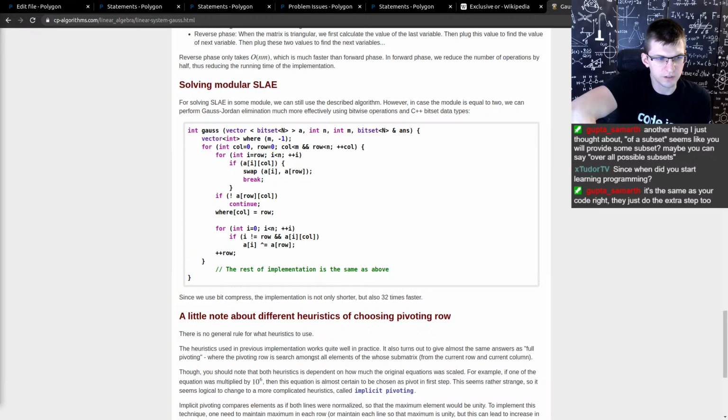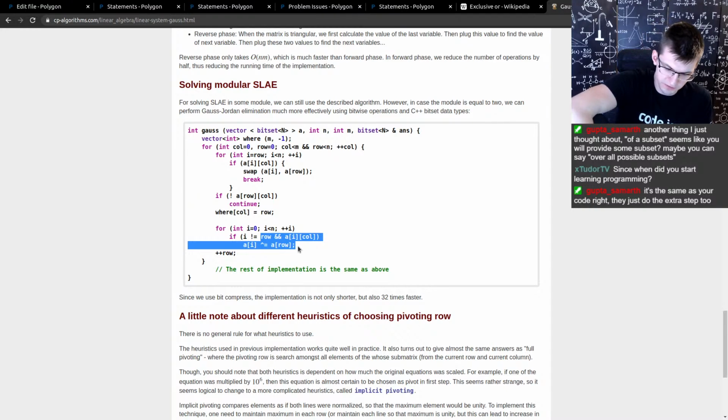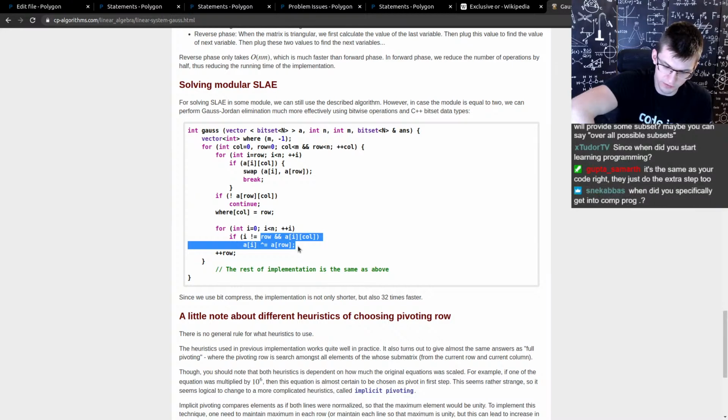Same as your code, they do the extra step too. This is the special column. They first find the blue circle in the first column, then they get rid of all other values in this column. Then they look at the second column, they find some blue circle in rows where there is no blue circle so far, and then they get rid of all other values in this column.